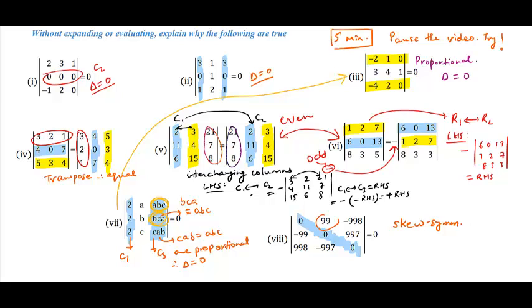So what you find is these two are negative mirror images, these two are negative mirror images, and these two are negative mirror images, and therefore the determinant is skew symmetric. It is confirmed. And since the determinant is skew symmetric and of odd order, it has the value 0.